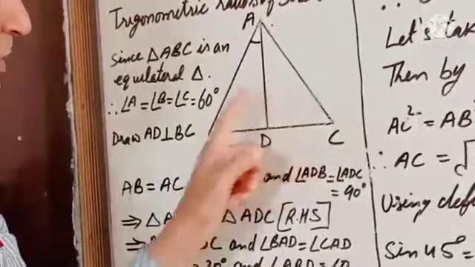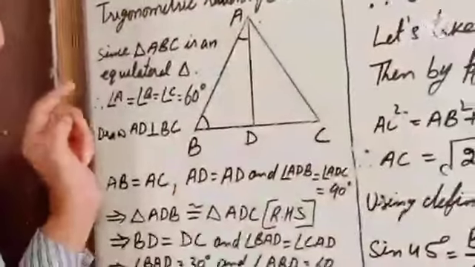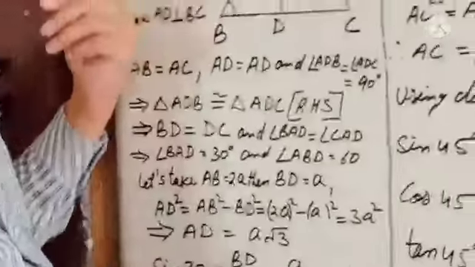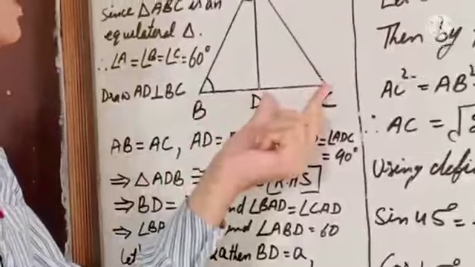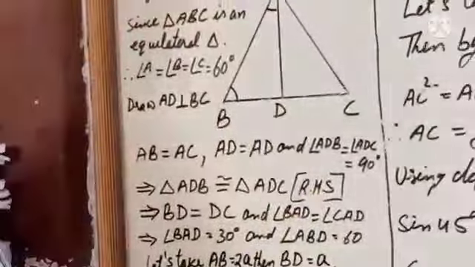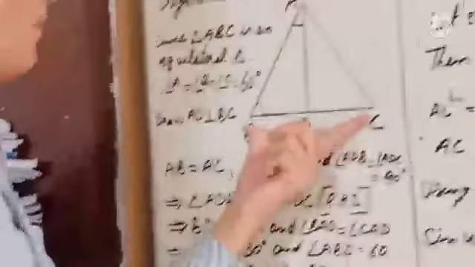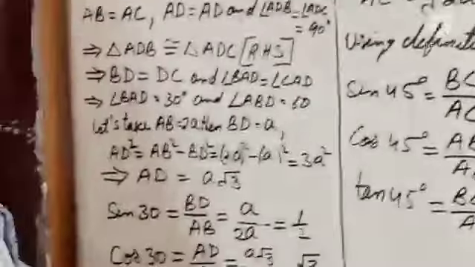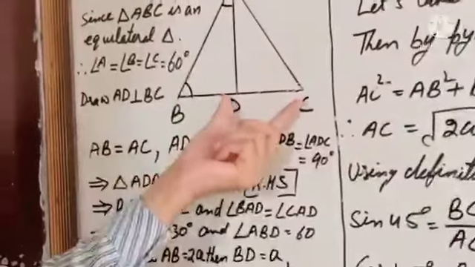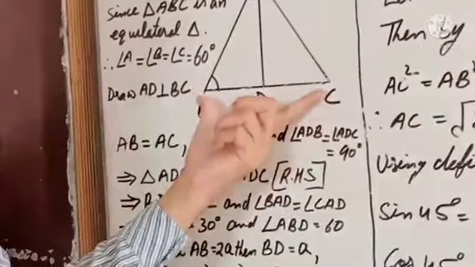And once these 2 triangles are congruent, then by CPCT, we can say that BD is equal to DC. That means BD is half of BC, right?